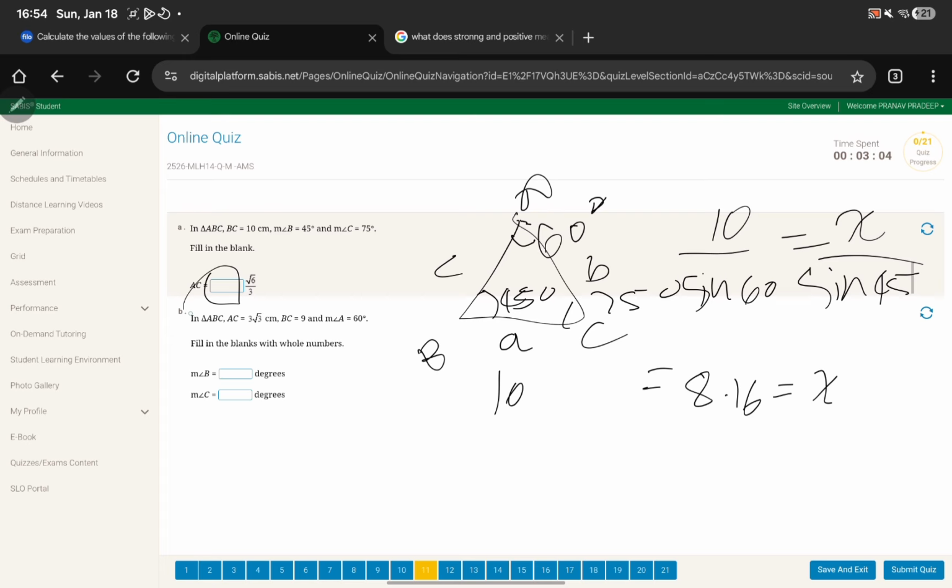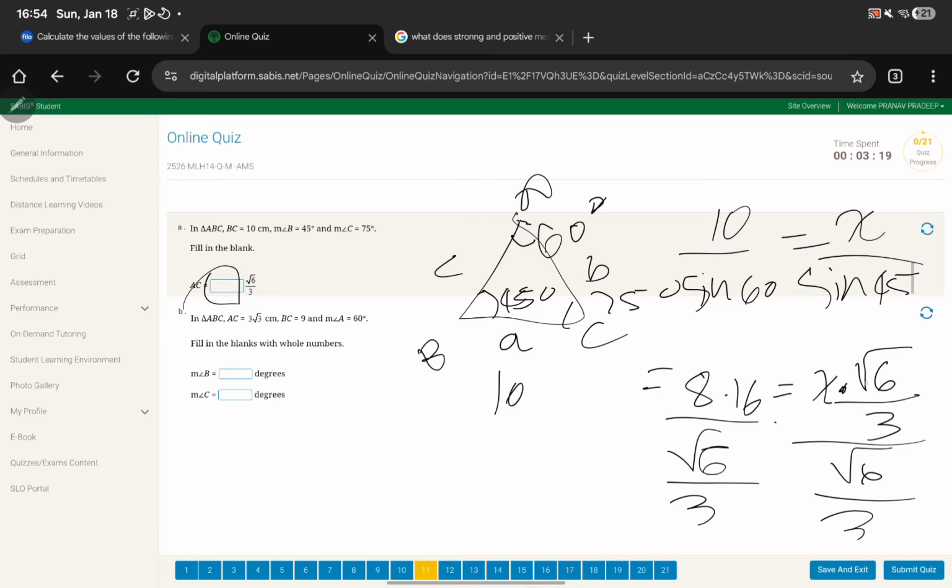They're asking for the missing value, x times radical 6 over 3. So now you basically divide both sides by this radical 6 over 3. If you do 8.16 divided by radical 6 over 3, you're going to get 9.993.